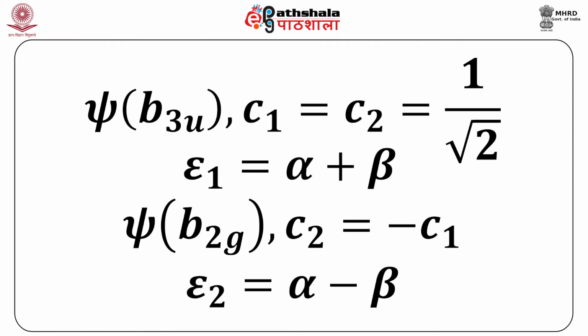For psi B3u, C1 is equal to C2 is equal to 1 by root 2, the normalized coefficients, and hence epsilon 1 is equal to alpha plus beta. Similarly, for psi B2g, C2 is equal to minus C1, and epsilon 2 is equal to alpha minus beta.